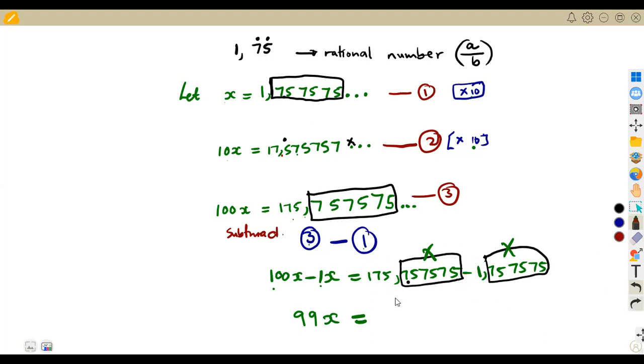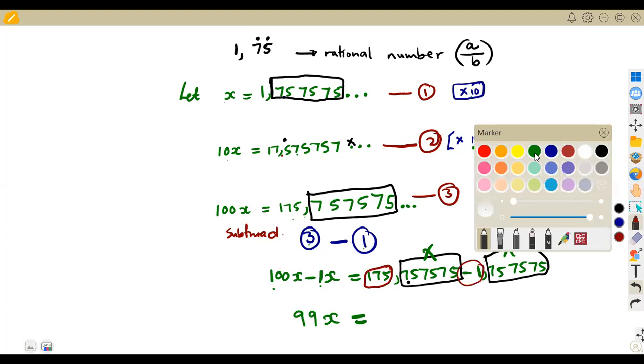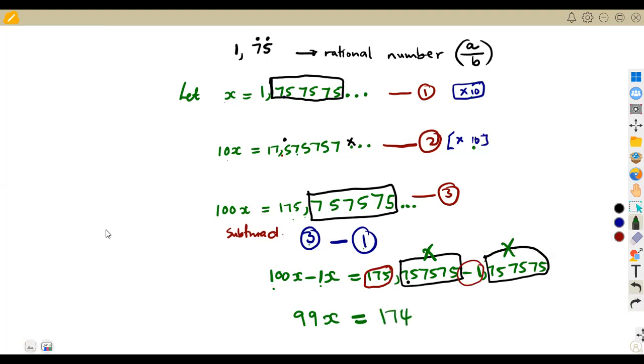If we subtract, you are going to remain with 174. So we can divide, guys, to obtain x. Just divide by 99 since you are multiplying here. So x is going to be given as 174 over 99.